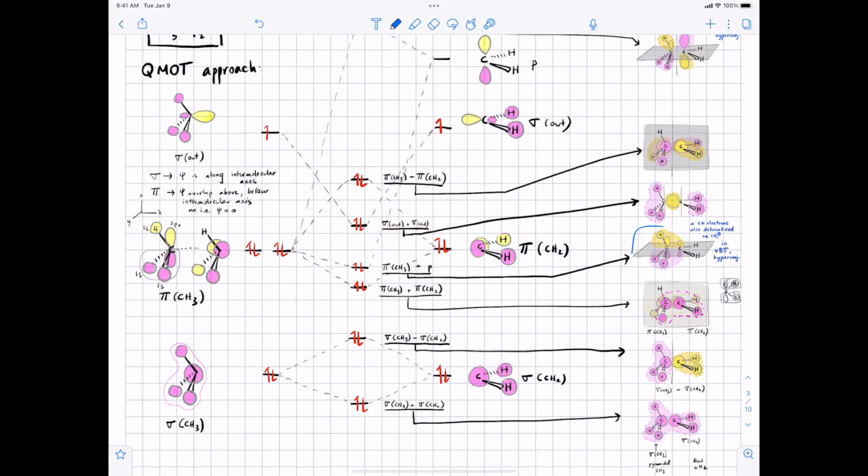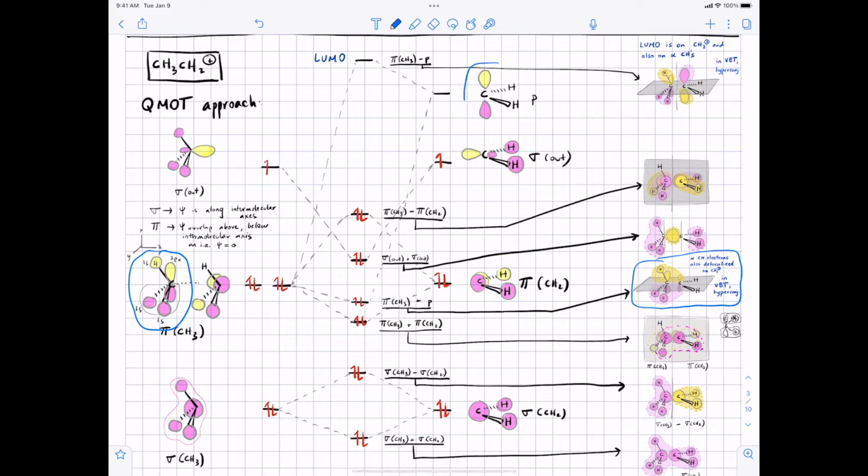This orbital here involves this pi CH3, and if you think about what on the CH2 group it can overlap with, the only thing that works is this p orbital, because in order for orbitals to interact, they have to either line up end on end in sigma fashion or side by side. So that's why we choose this one as the partner for that one.